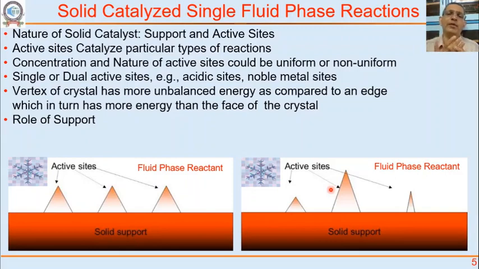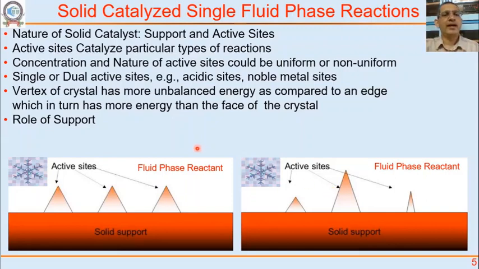So it could be, for example, if it's a palladium or a platinum catalyzed reaction, the size of the palladium cluster or platinum cluster decides the activity of those reactions. So you could have different sizes of clusters on, let's say, carbon support, and then because the sizes are different, they would react to different extent.